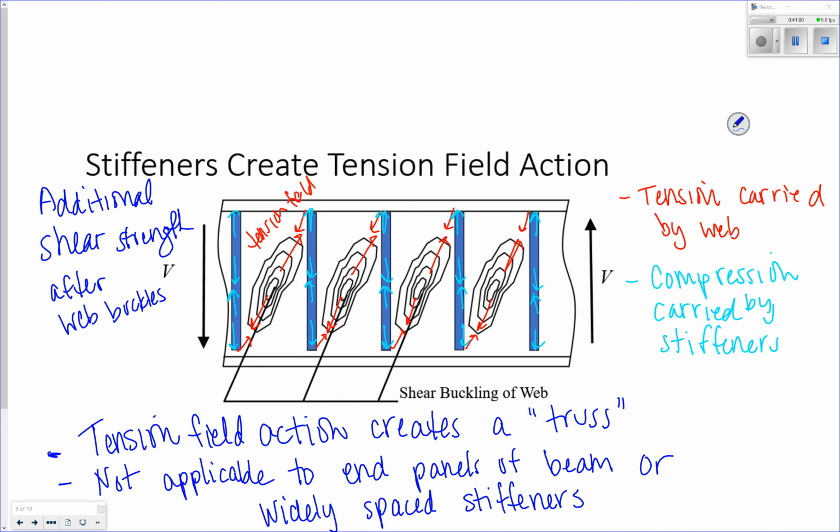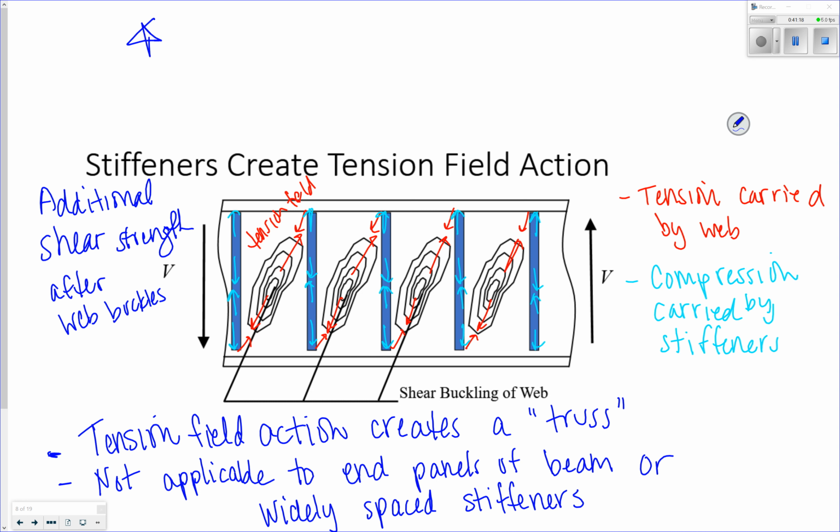Once it buckles, the whole thing is going to buckle, and the tension gets spread out over the entire width of the web between the stiffeners.